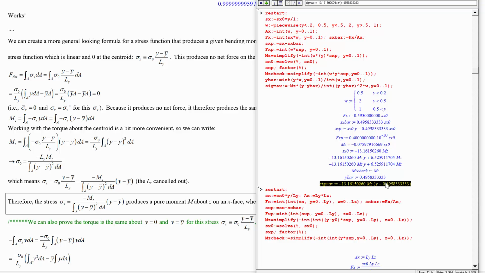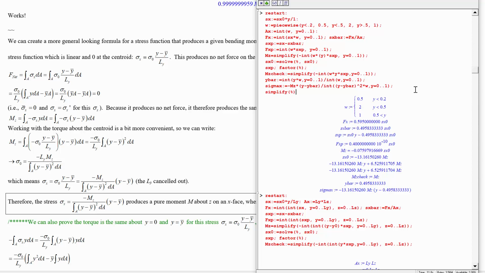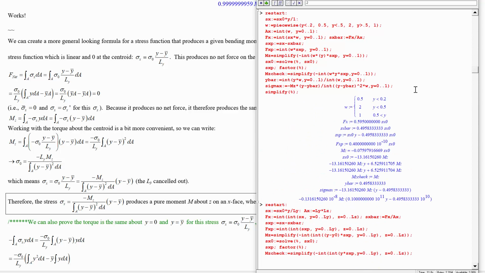And we've got a function which should produce the pure moment that we're looking for, and it looks as if it actually is the same function that we just calculated up here. Let's see. Well, that didn't make things much simpler.